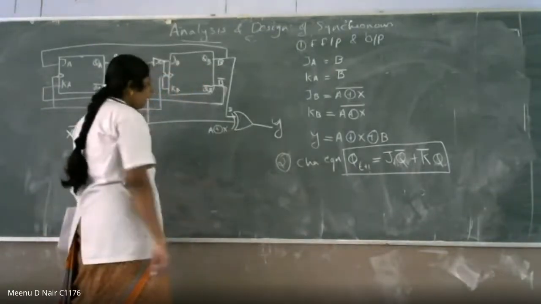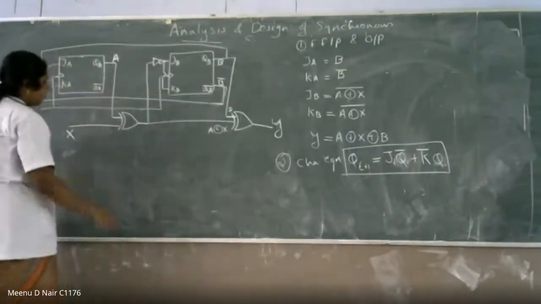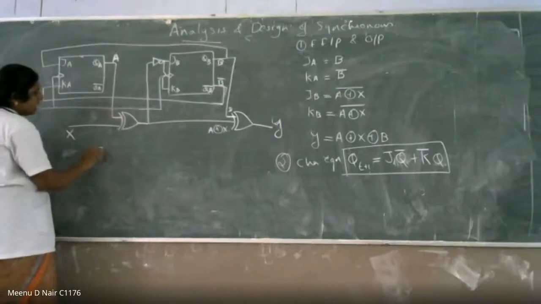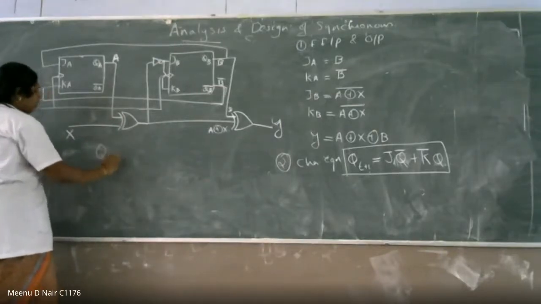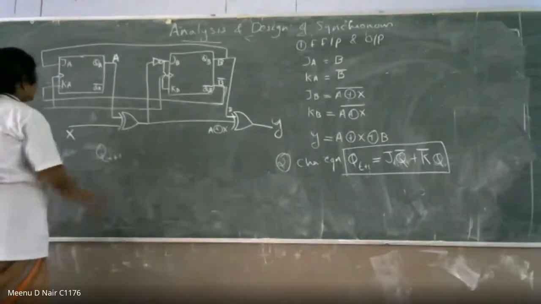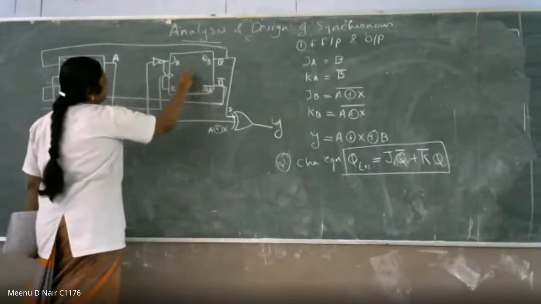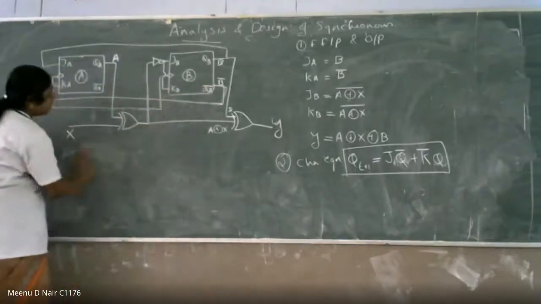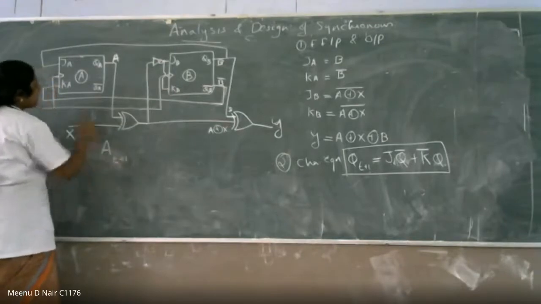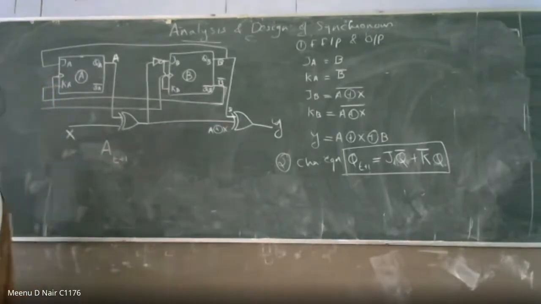So we are going to write Q of T plus 1. This is your A flip-flop and this is your B flip-flop. So first you are going to write for A of T plus 1. This is the characteristic equation of the first flip-flop.